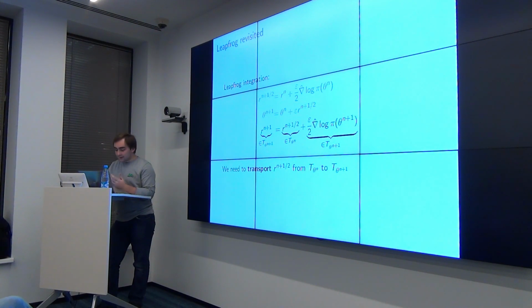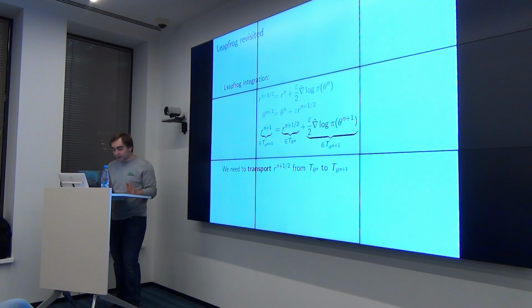That this addition doesn't make sense, so we want to transport Rn plus 1/2 to the new tangent space before we add the gradient. So we need to be able to transport tangent vector from one tangent space to another one.